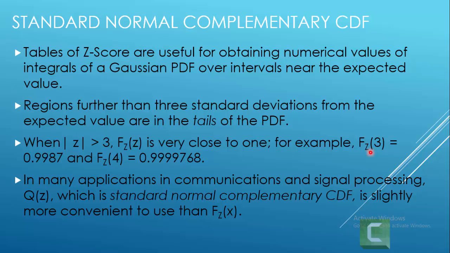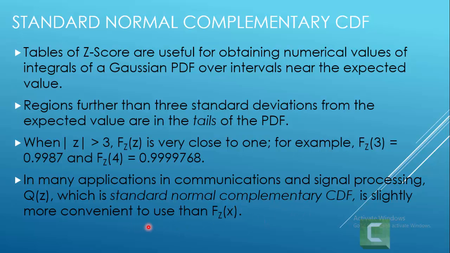For example, F of z of 3 is equal to 0.9987 and F of z of 4 is equal to 0.9999768.